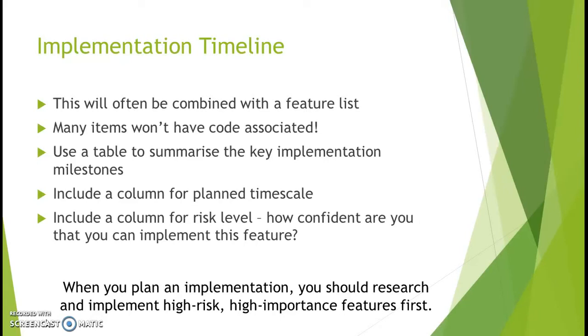You don't want to have 9/10 of your product implemented and then find out the last 10th that's critical to your workflow simply can't be done, or that it'll take 3 months to implement. So look at risk factors, how confident you are you can implement them, and attack those first. I know that's contrary to human nature, but it's critical in an engineering firm for you to do that kind of thing.